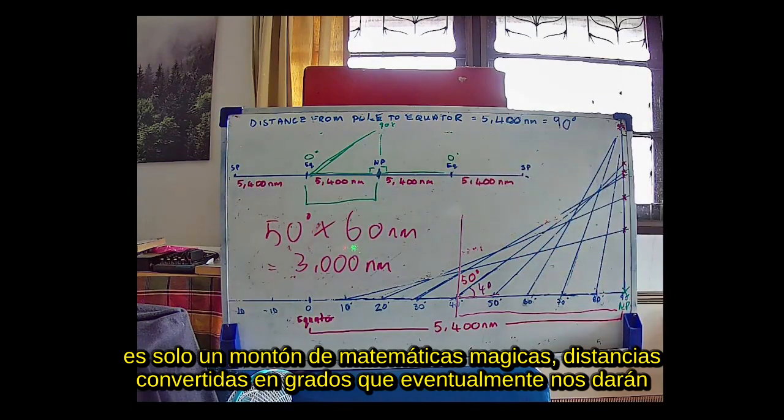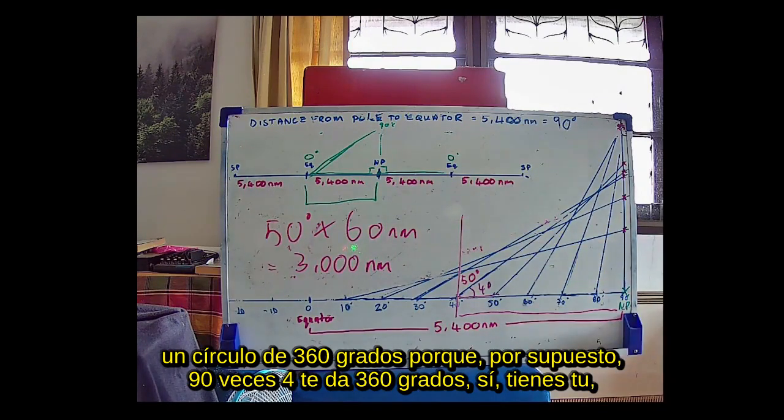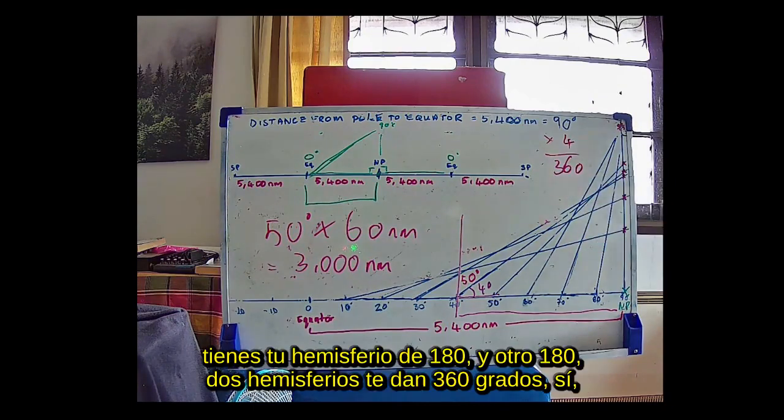distances turned into degrees that will eventually give us a 360 degree circle, because of course 90 times 4 gives you 360 degrees. Yeah, you've got your hemisphere, 180 and another 180, two hemispheres gives you 360 degrees.